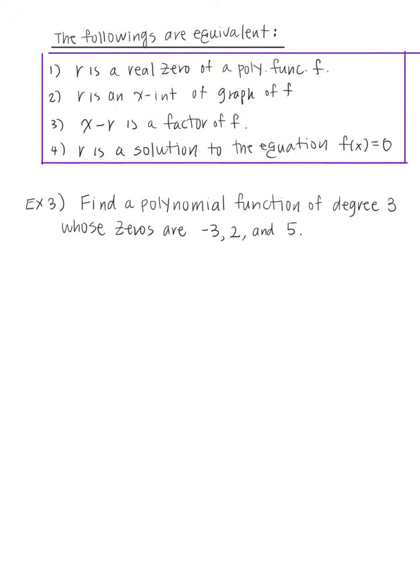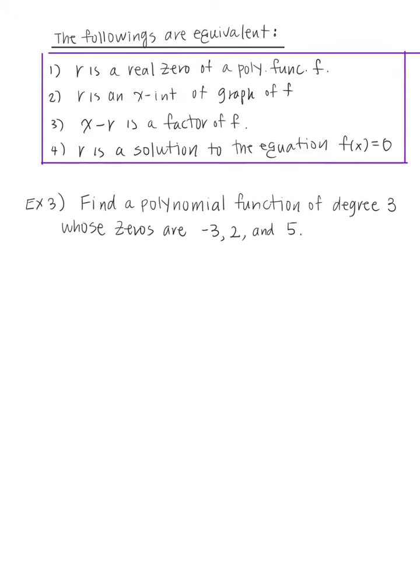Example 3, find a polynomial function of degree 3 whose zeros are -3, 2, and 5. Okay, so let's first go back to statement number 3, right? If -3 is a zero of f, then x minus r, so you're going to have x minus -3, is a factor of f.